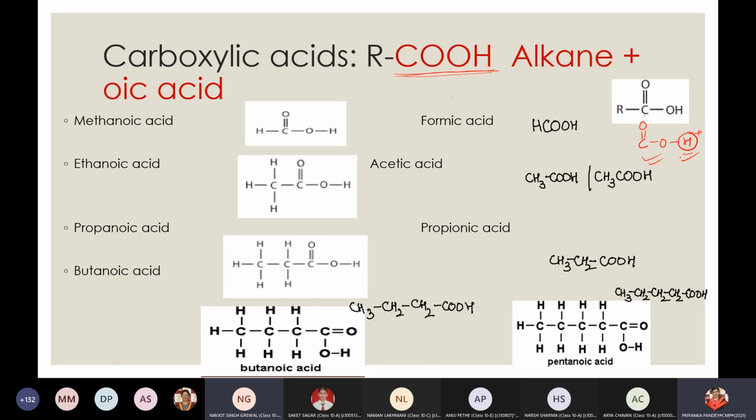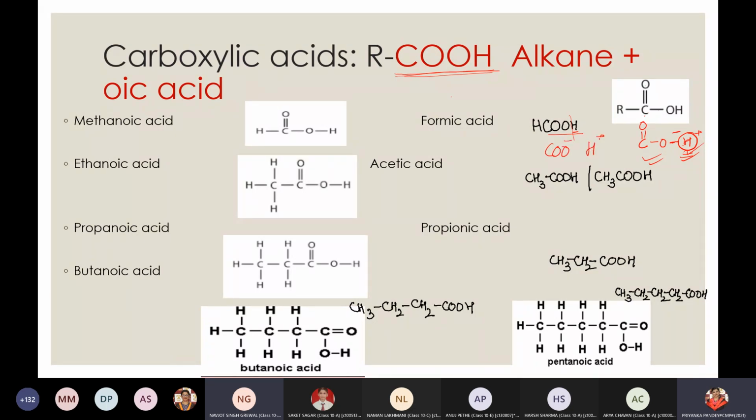So this H plus leaves, leaving one place vacant for the bond, and this is going to form a single minus charge, and the H plus is formed, and this makes the substance acidic in nature. So whatever the acid, whether it is formic acid or acetic acid, we have one COOH carboxylic group, and each is going to have COO minus and H plus.